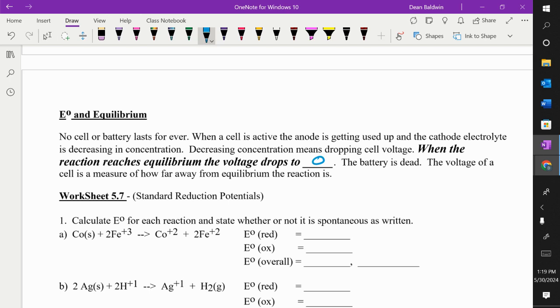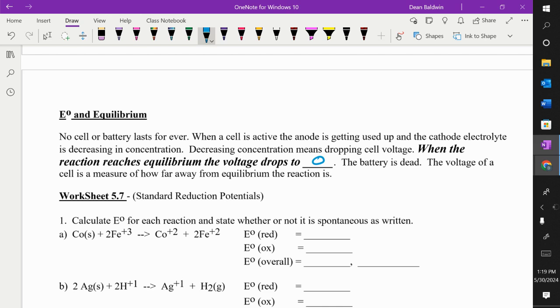You've used up all the electrolytes, or everything for the oxidation reaction to happen is all gone. Like when we looked at the electrodes, the lead electrode is being dissolved and forming lead 2 ions. When this is gone, the battery stops.